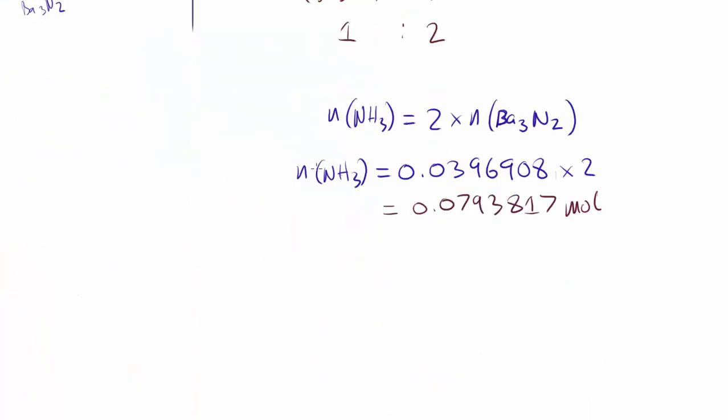So effectively, not the number of moles, we've done that part actually, the volume now. So the volume V of NH3 is equal to 24 multiplied by 0.0793817.